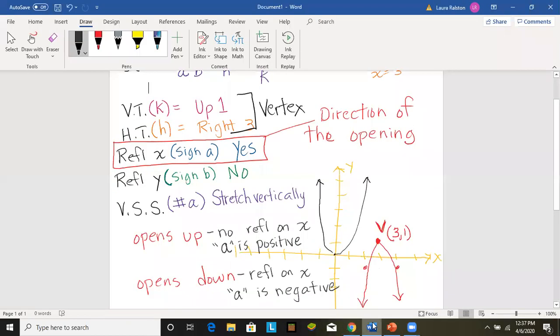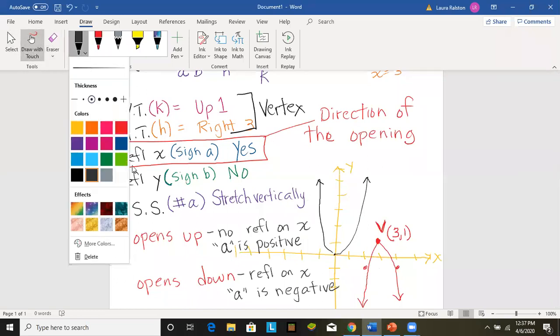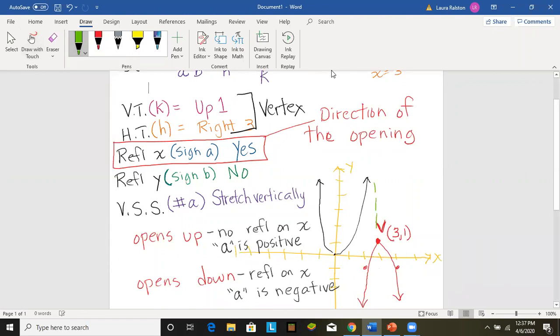Okay. One other thing that I want to point out that's kind of the new piece here is identifying your axis of symmetry. So for this graph that we created of -2 quantity x minus 3 squared plus 1, my axis of symmetry has to go through the vertex.